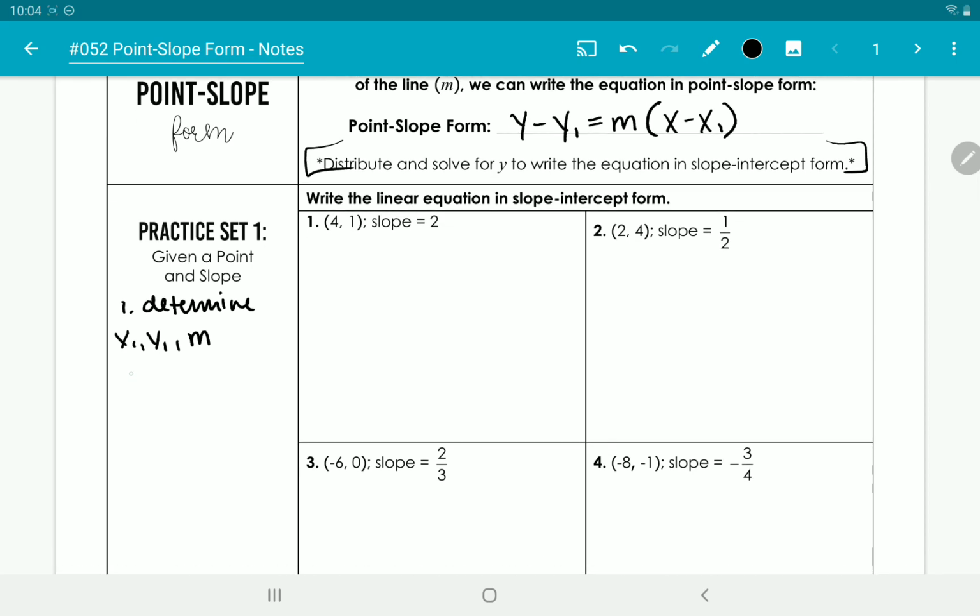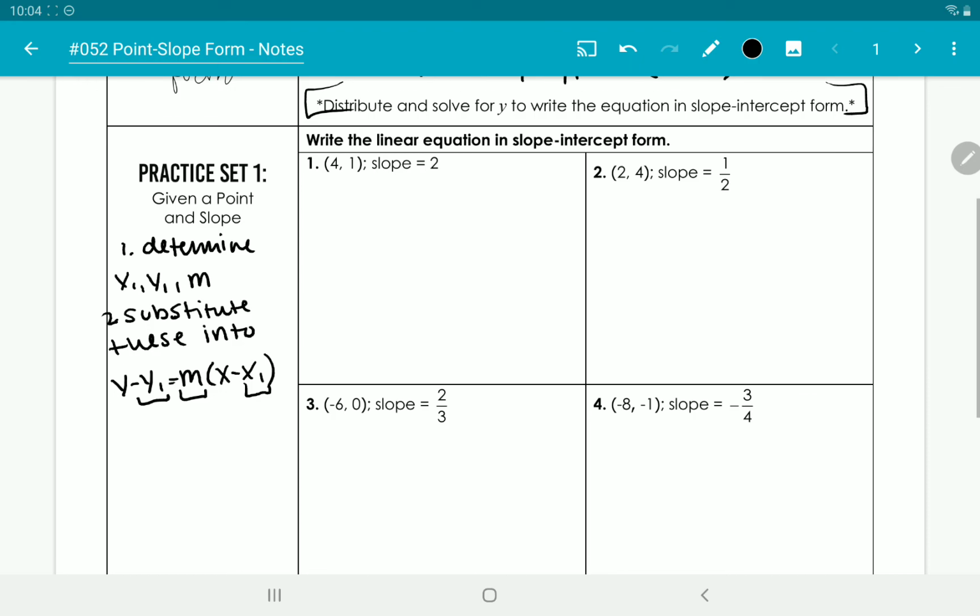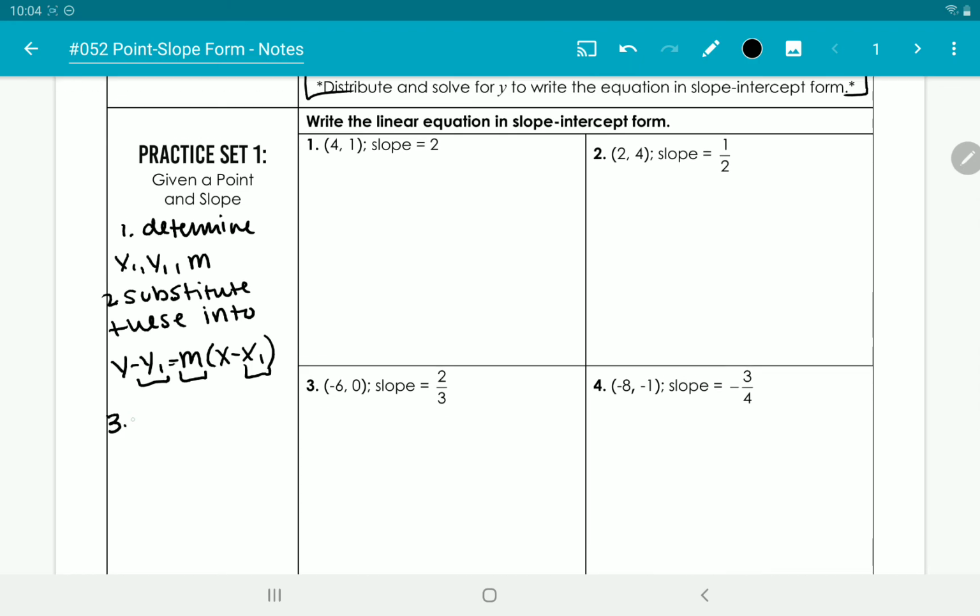And then we're going to substitute these into y minus y1 equals m times x minus x1. The only ones we're going to be substituting are y1, m, and x1. We're going to leave the x and y the same. And then we're going to solve for y so that we have y equals something times x plus or minus some other number on this side, okay?